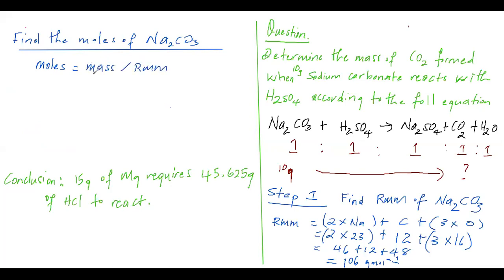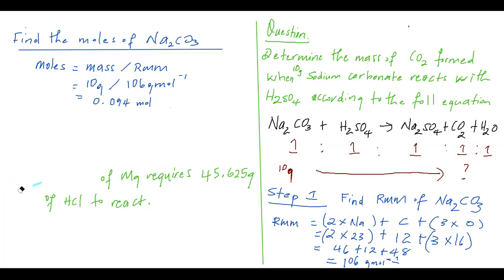As you said, the mass that we were given was 10 grams, and we worked out the RMM to be 106 grams per mole. So when we divide them, we should get our moles. That would give us 0.094 moles of sodium carbonate.